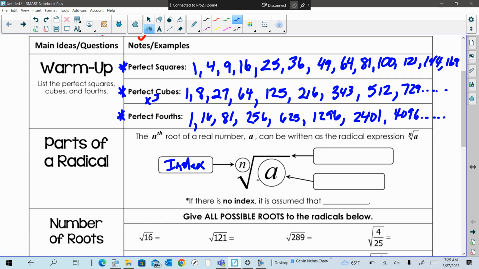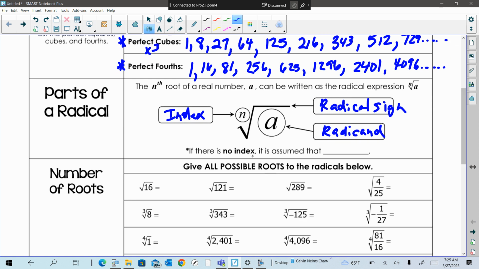This is the radical sign, and underneath the radical is called the radicand. The A here is the radicand. If there's no index, it is assumed to be a 2. So if you don't see a number, you assume it's a 2.